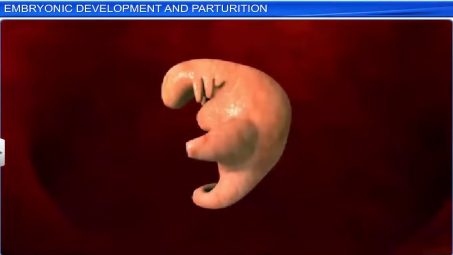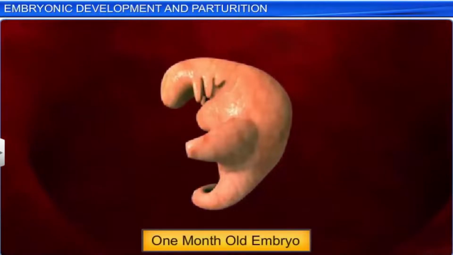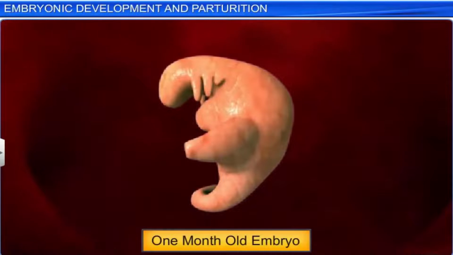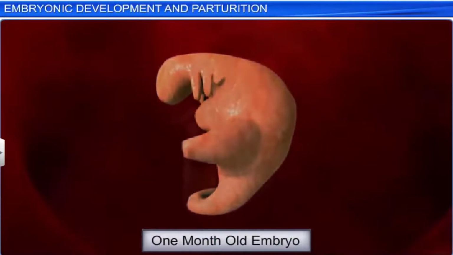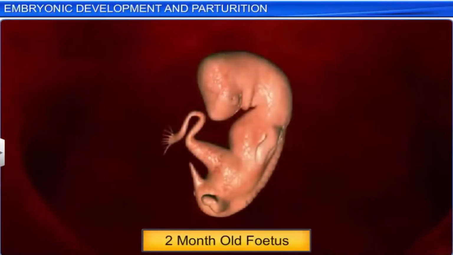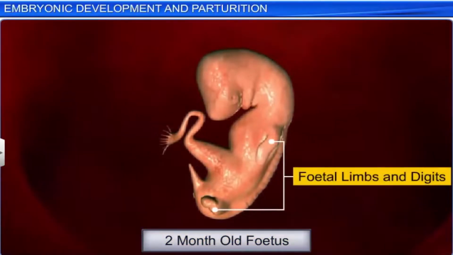During this period, the embryo undergoes several developments. By the end of the first month, the embryo develops a heart, while the end of the second month marks the transition of an embryo to a fetus with developing fetal limbs and digits.